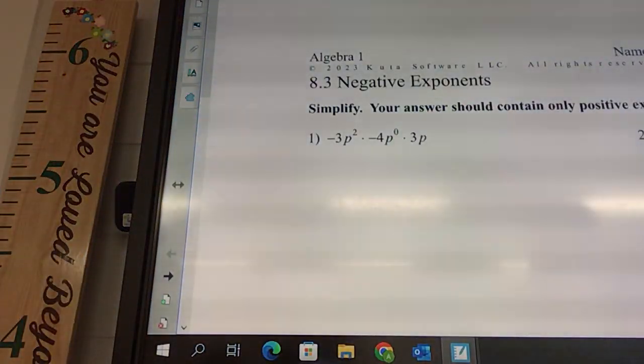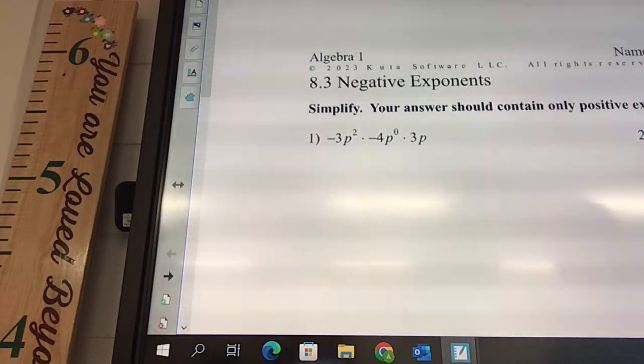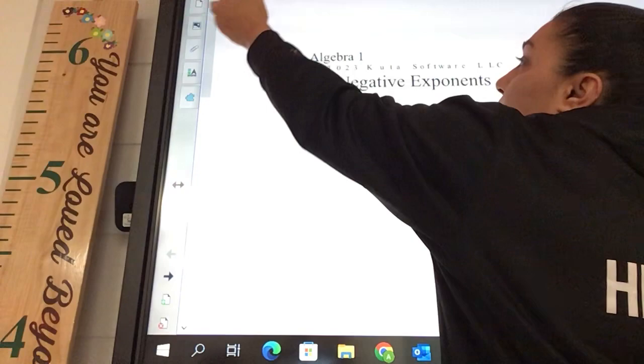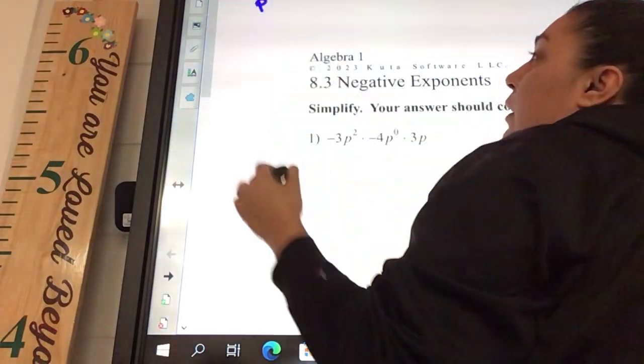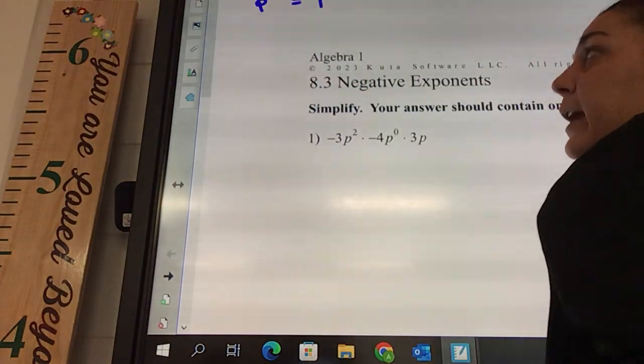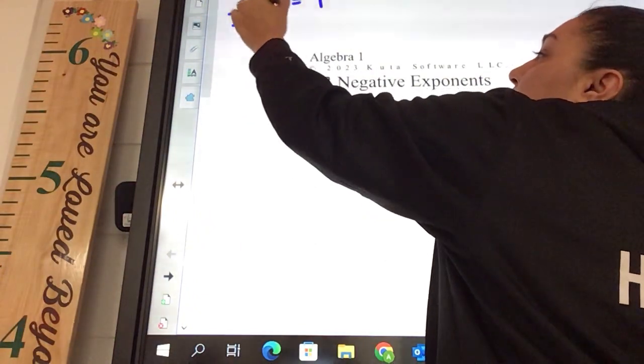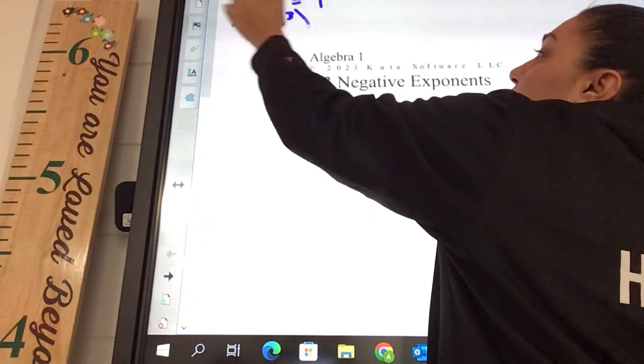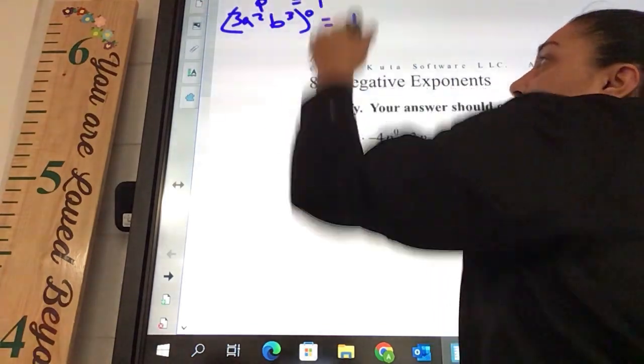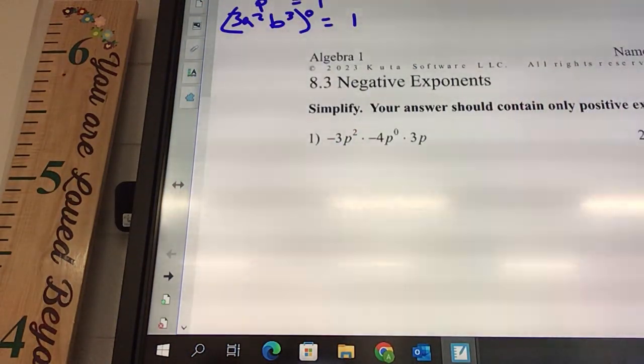So the first rule I want to cover is what happens when we have a zero exponent. If you have something to the zero, it equals 1. It doesn't matter if I have a squared, 3a squared, 3ab, 3, to the 0, it equals 1. If I have a bazillion to the 0 power, it equals 1.